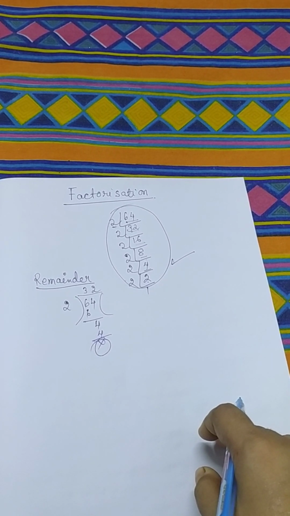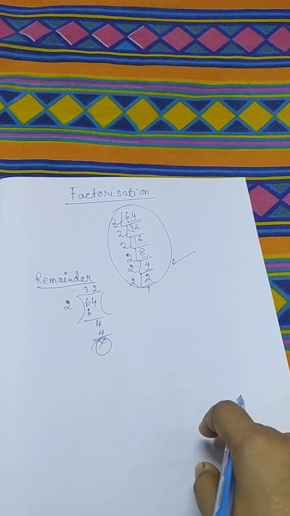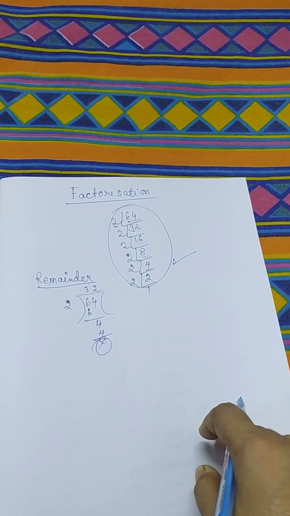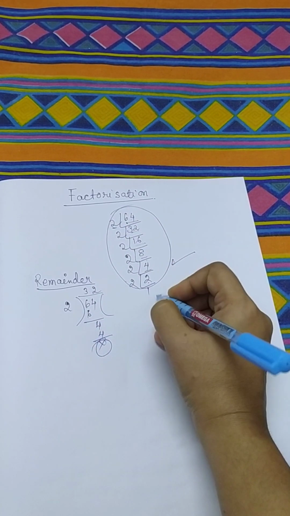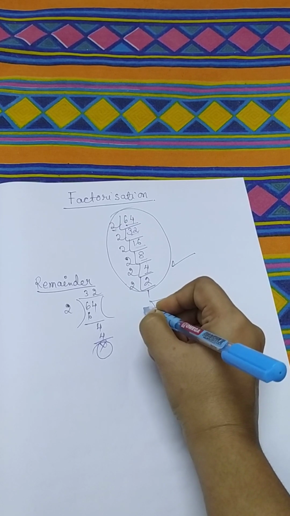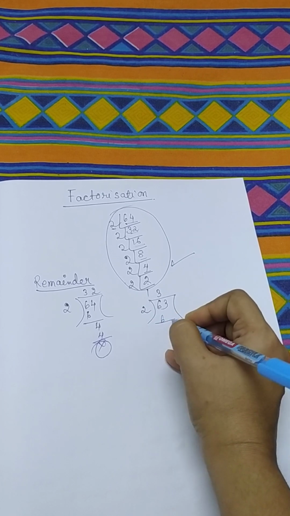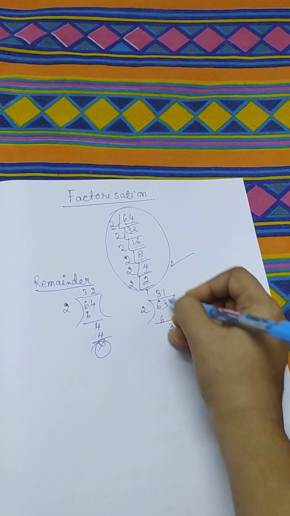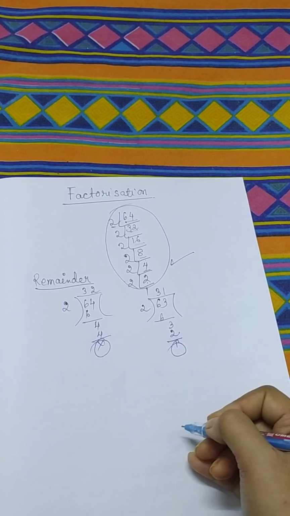There will be no remainder. But in a few cases, there are remainders in some divisions. It is also an idea of division. Like if I give you, divide 63 by 2. Then what will you do? 6, then 2. The remainder will be 1.